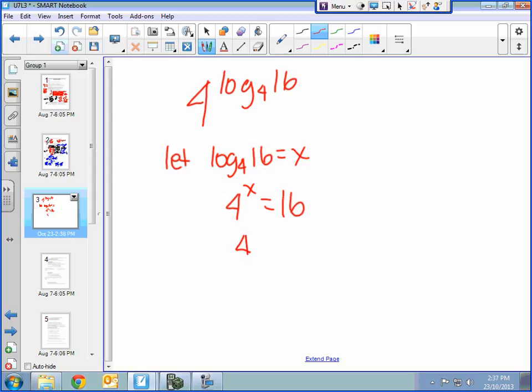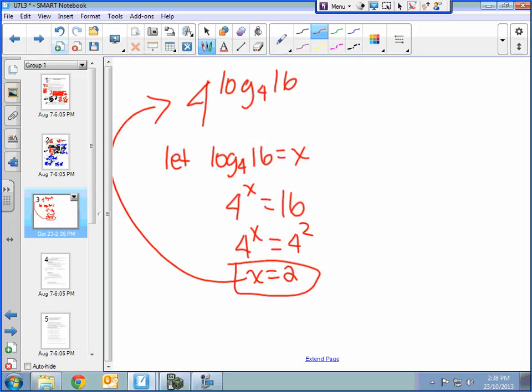So we have 4 to the x equals 4 squared. What is our x equal to? 2. Okay, so our x is equal to 2 here. So this is where it gets tricky. So our x is equal to 2. We're putting this back into here, okay?